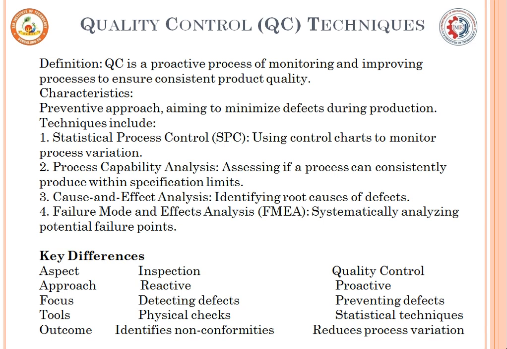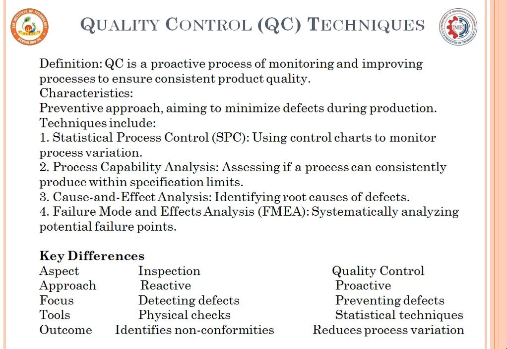So what is the key difference with respect to the various aspects? First, the approach: inspection is reactive and quality control is proactive. In inspection, you react by deciding whether you are supposed to rework or not. Quality control is proactive, meaning before the defects happen, quality control is done with respect to the component.